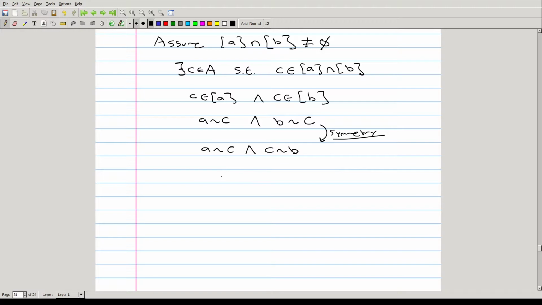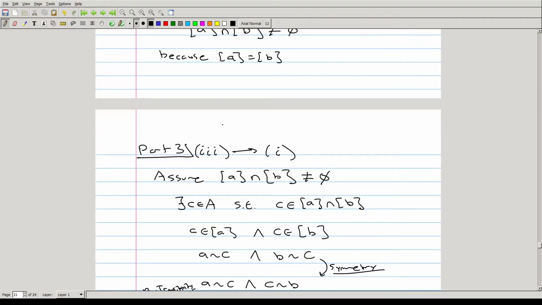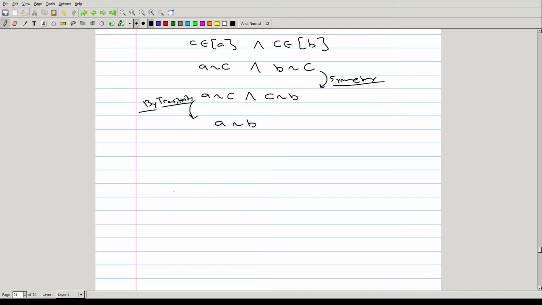And then by transitivity, this means that A is equivalent to B, or related to B. And so we have that 3 implies 1. And this concludes the proof of that statement.